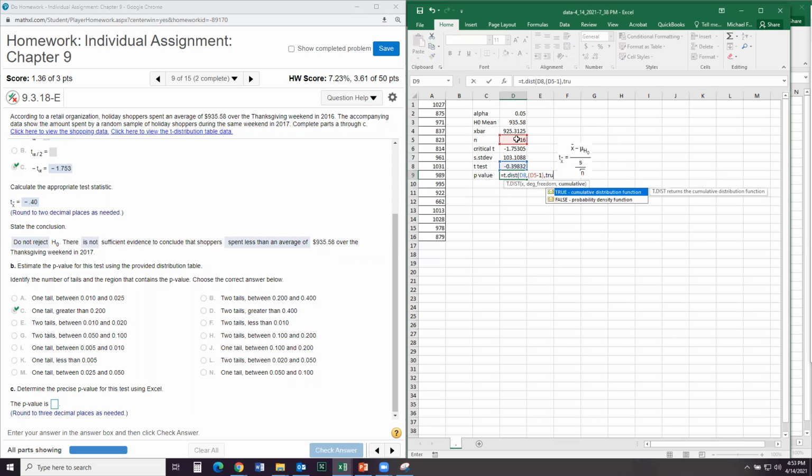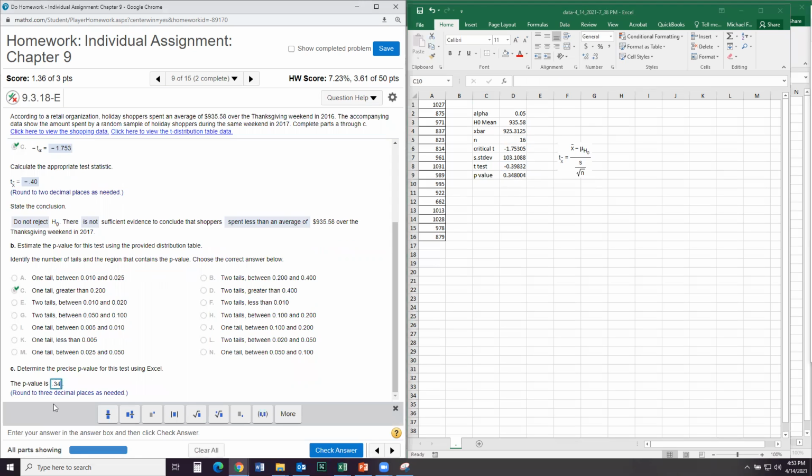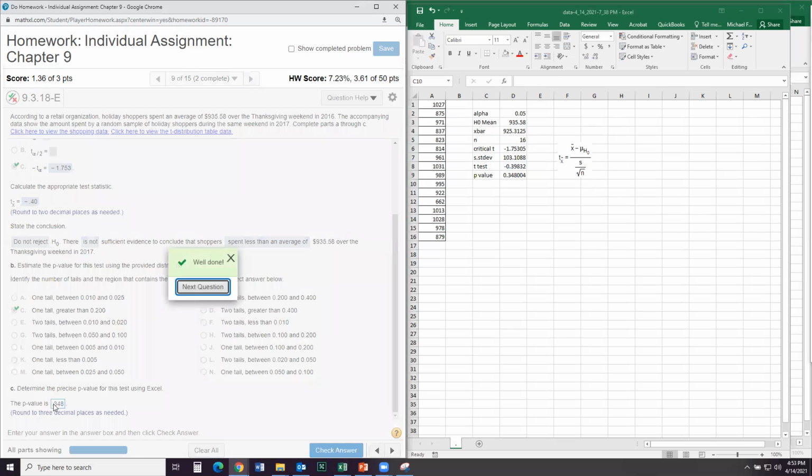And then true. And I come up with 0.348. Let's see, we're doing less than, right? So there we go.